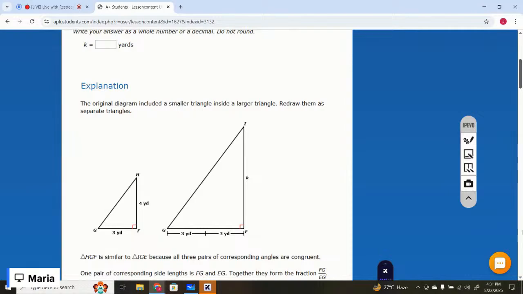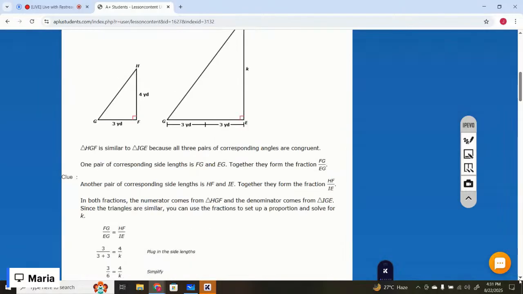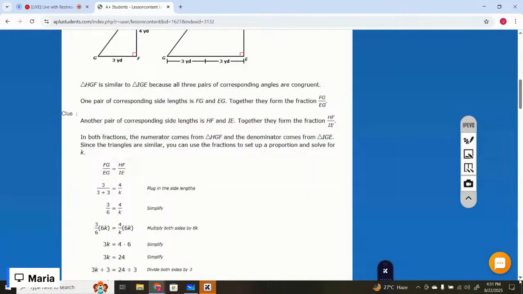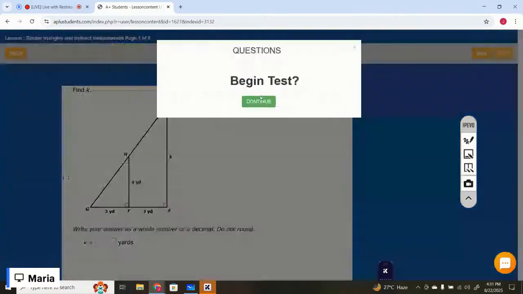So redraw them as separate triangles, right? Now you can find the sides by using the same method, right? So that is 8. Let's just start with the test questions.